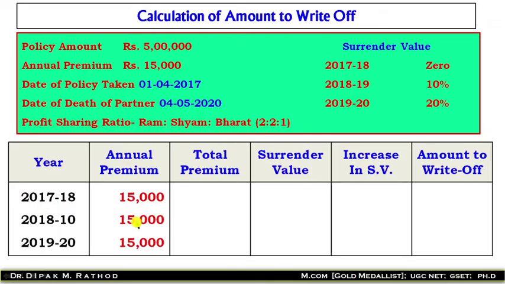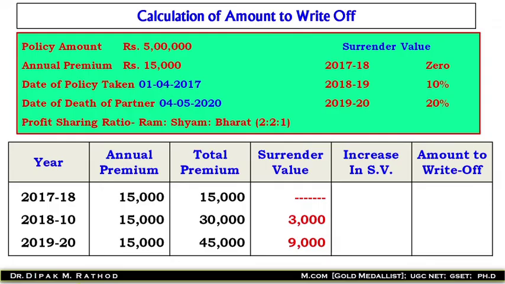Total premium 15,000, plus 15, 30,000, plus 15, 45,000. Clear? Surrender value: first year 0, second year 10% of 30,000, that is 3,000, third year 20% of 45,000, that is 9,000. Now we have to find the increase.